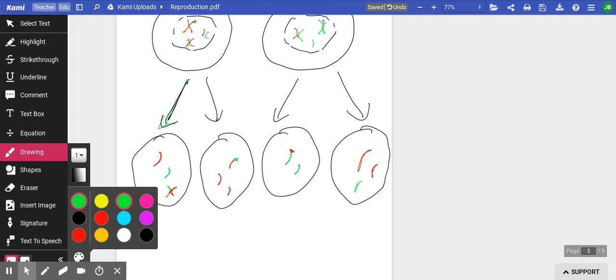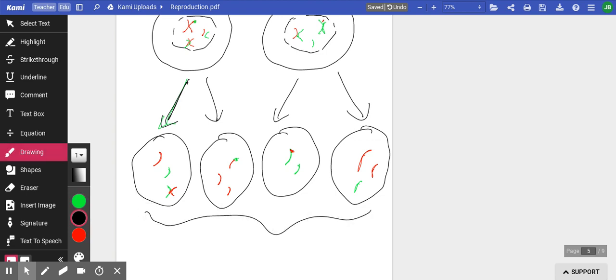What I want to point out that's critical is that each of these cells now has half the original amount of DNA. So each of these cells is now a 1N cell. We now have 4 1N cells, and they are all different from each other.